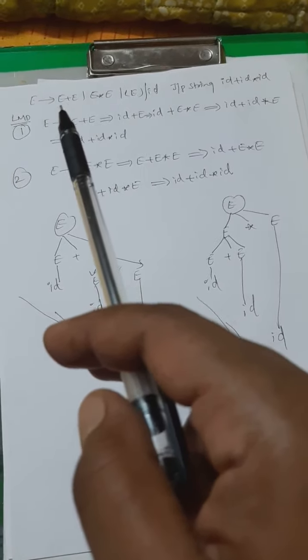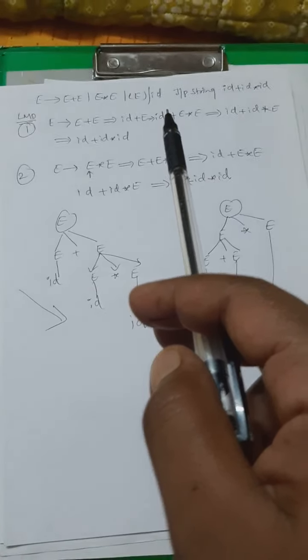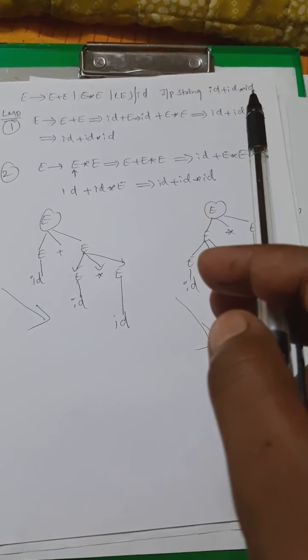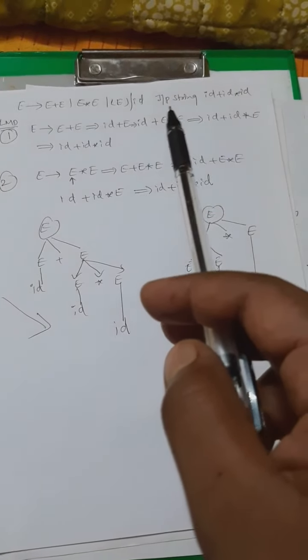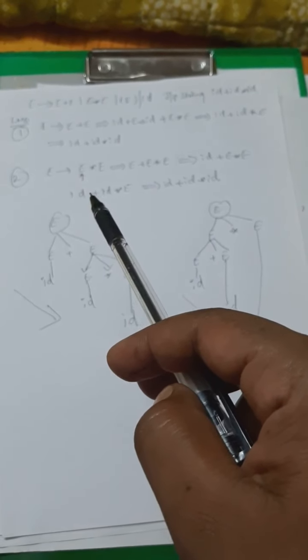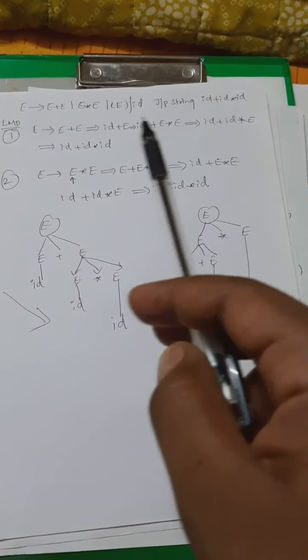Here I have taken the grammar E produces E plus E, E into E, bracket E, ID, and the input string is ID plus ID into ID. Here I applied leftmost derivation twice to parse the given input string.